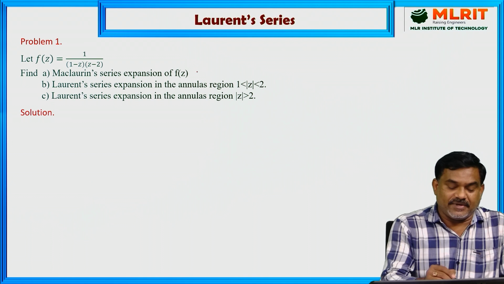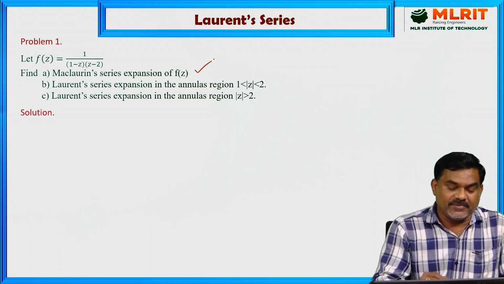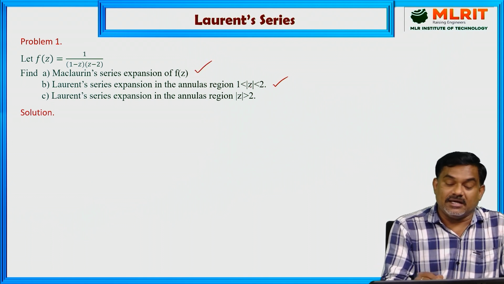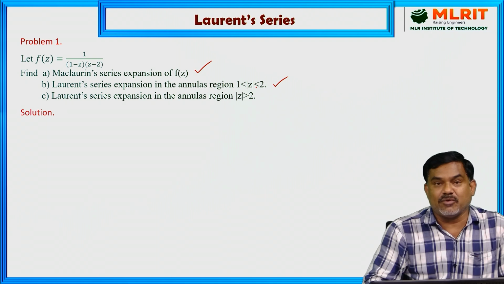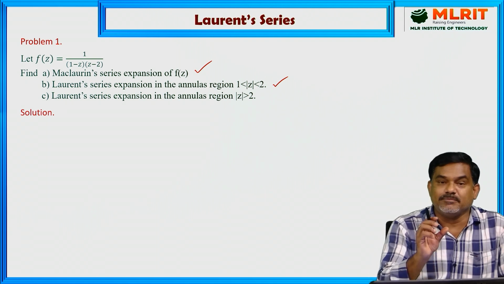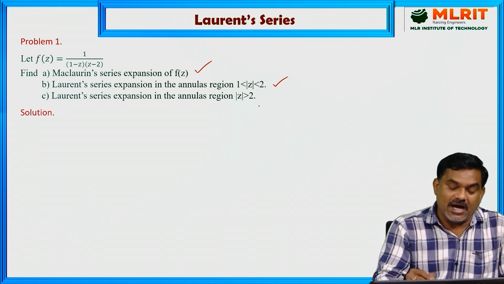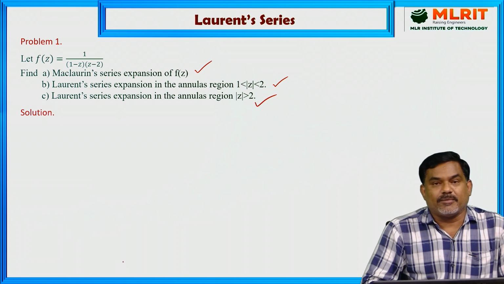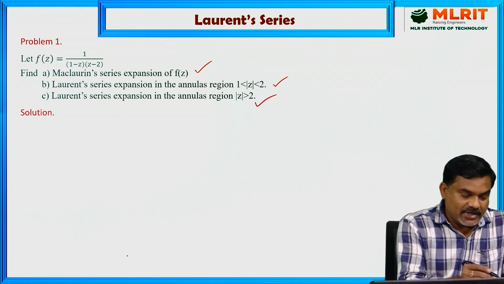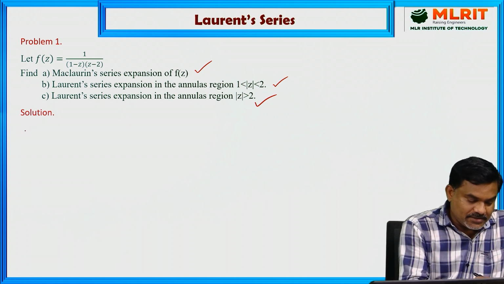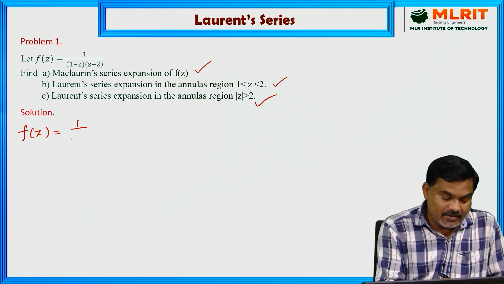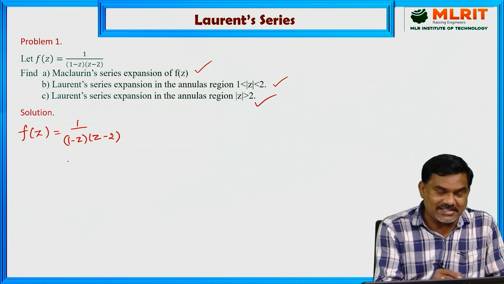Find the first one, Maclaurin series expansion; second, the Laurent series in the annulus region 1 less than mod z less than 2, that means the region in between the two circles; and the third one is for mod z greater than 2. So let us start the solution part. Given f of z is 1 by 1 minus z into z minus 2. Let us simplify this first.